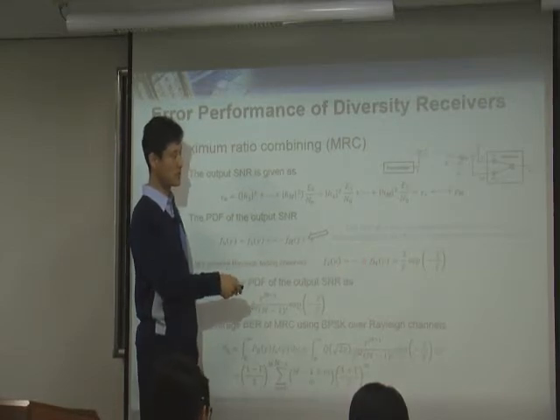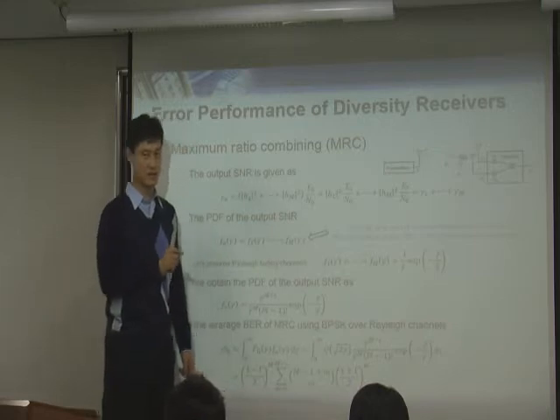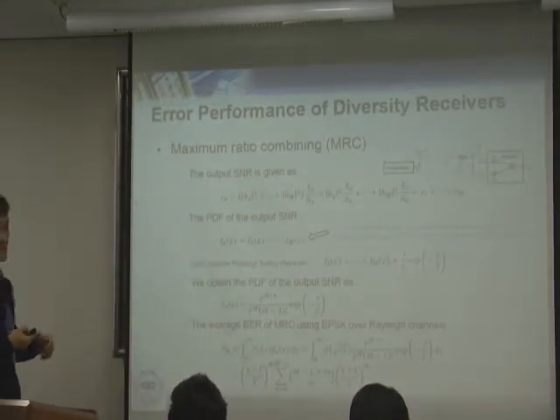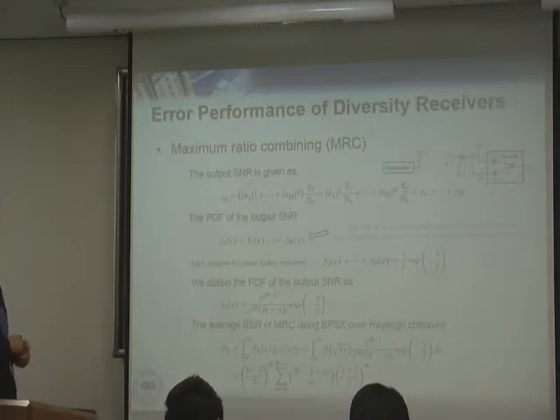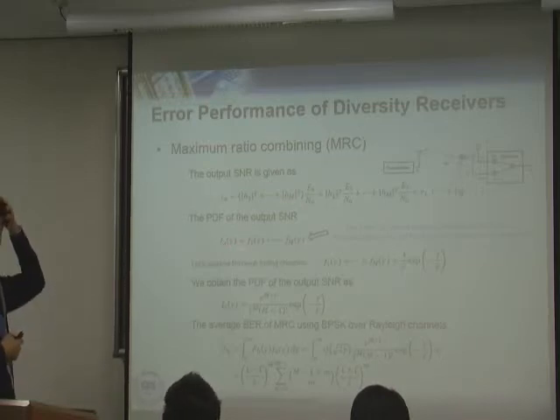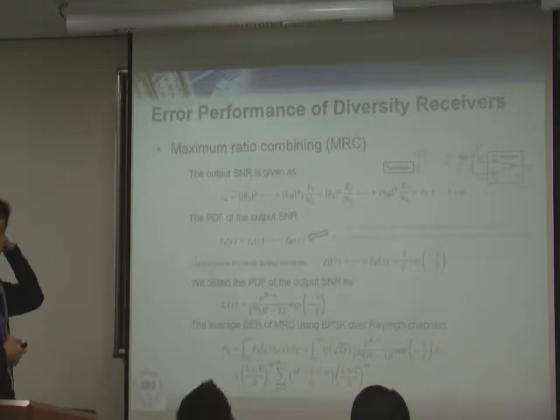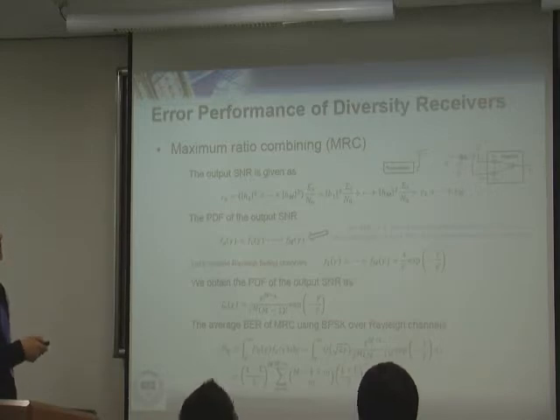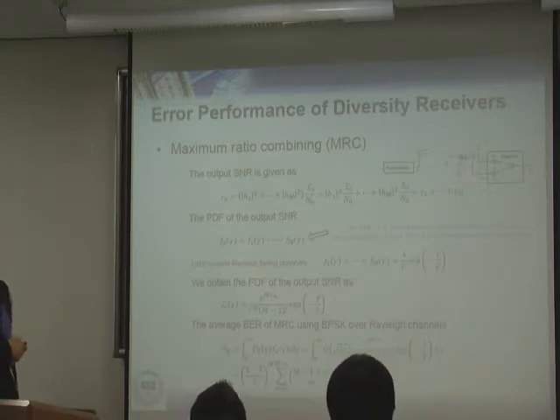That's a pain, right? So what is the easier way to find the PDF? What is the easier way to calculate the convolution? This is the continuous domain, right? We are talking about continuous random variables. What is the easier way to calculate the convolution?